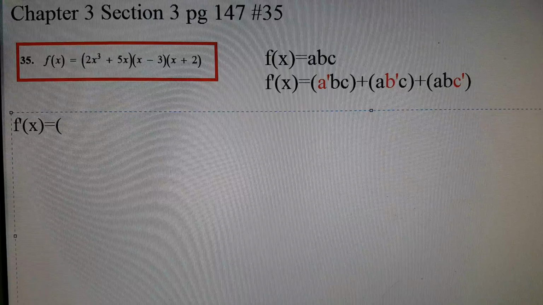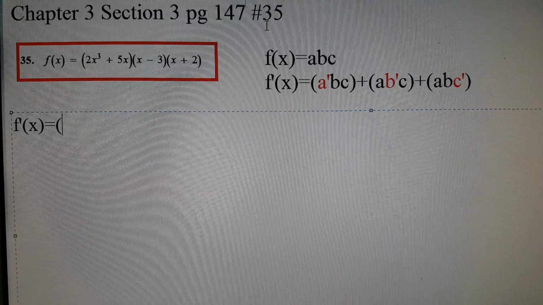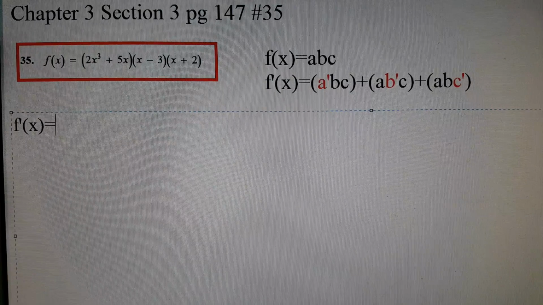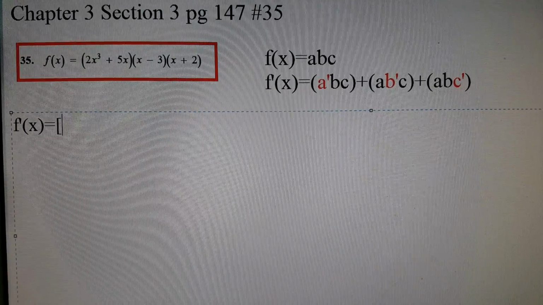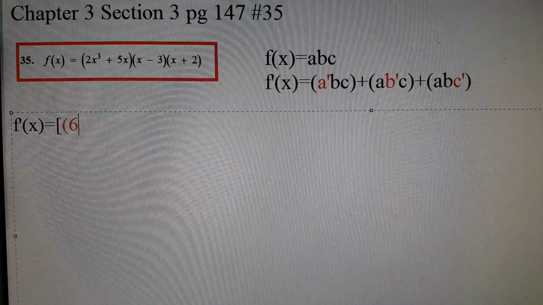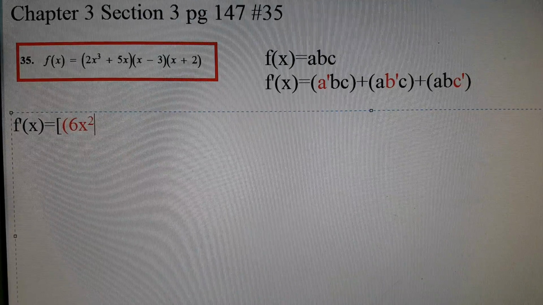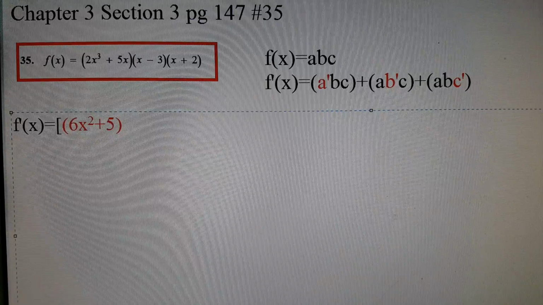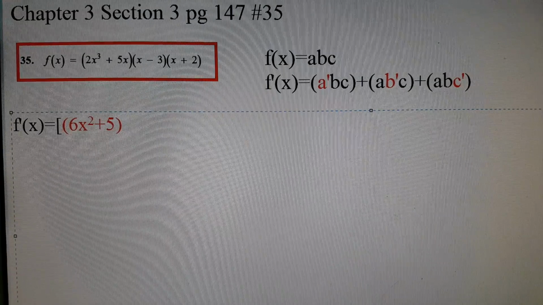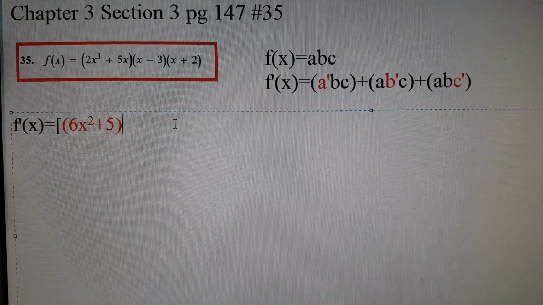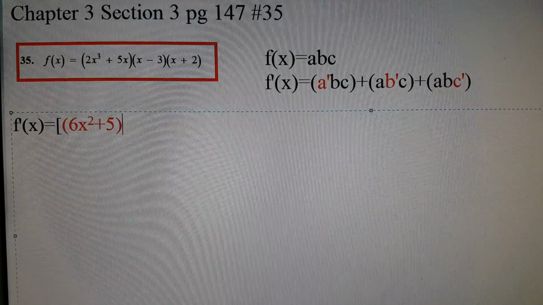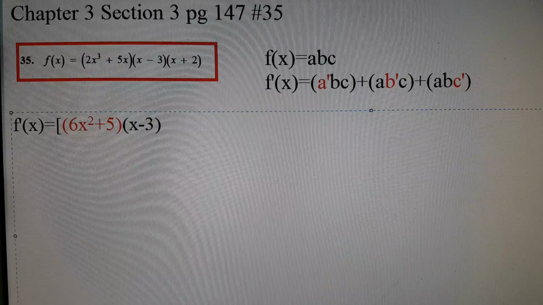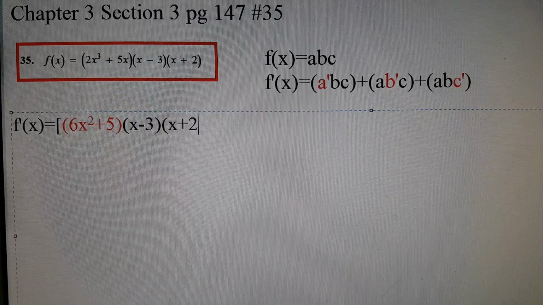If you were very clever, you will have known that you bring the 3 down and reduce the degree by 1, making this, and here I'm going to put this in red so you know it's the derivative, 6x squared, and 5x just becomes 5. So 6x squared plus 5 is the derivative of that first term. And then we multiply it by just the other two terms as they are, x minus 3 and x plus 2.